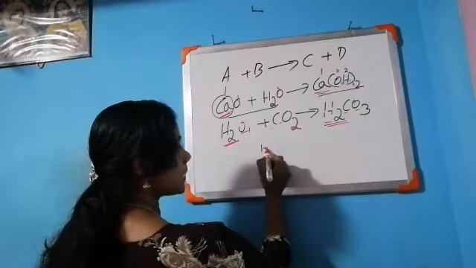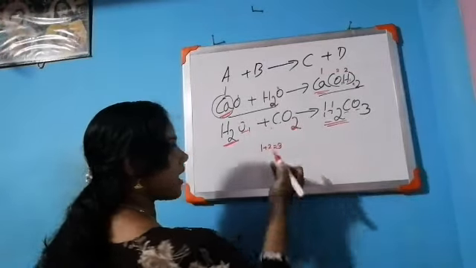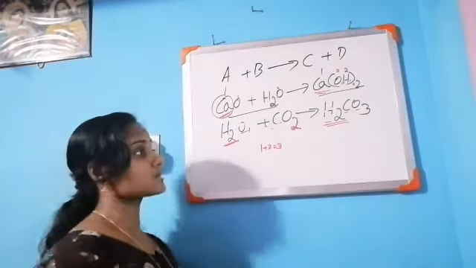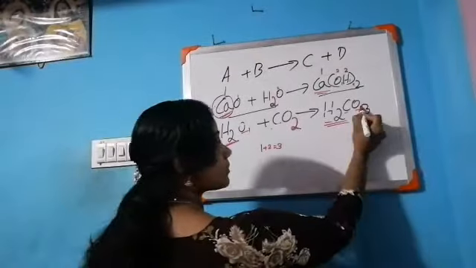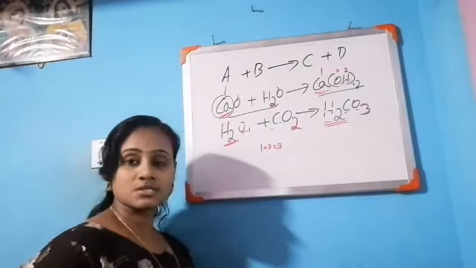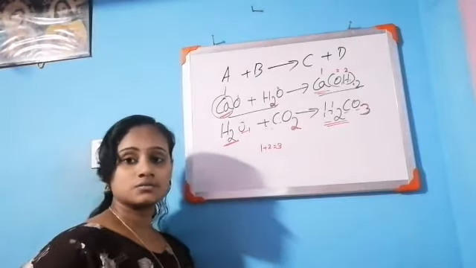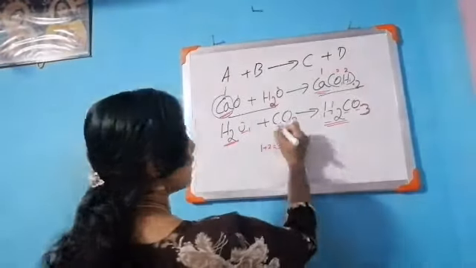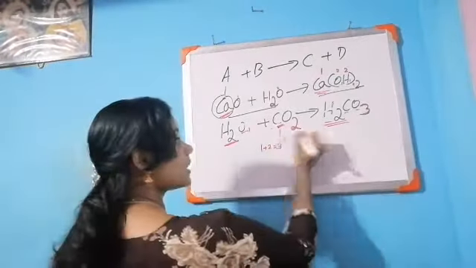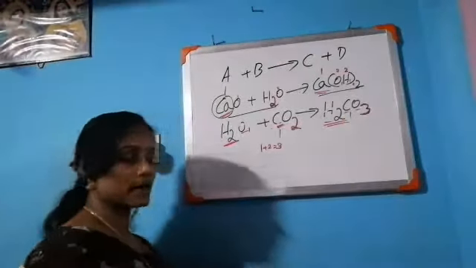That is 1 plus 2 equals 3 oxygen. In the product side, how many oxygen? 3 oxygen. Then carbon: carbon is 1, and in the product side also 1.